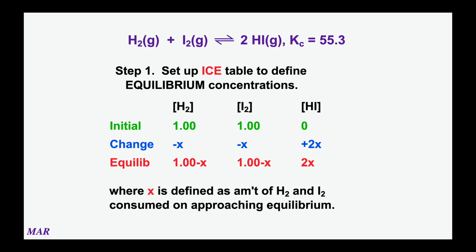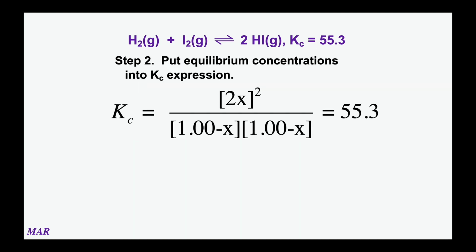We're going to do a problem here in a little bit where we're going to solve for x. So remembering here that the Kc value for this equilibrium, 55.3, we can set this up. 55.3 is K, and that equals the equilibrium concentration of HI, which is 2x squared. Remember that we squared it.